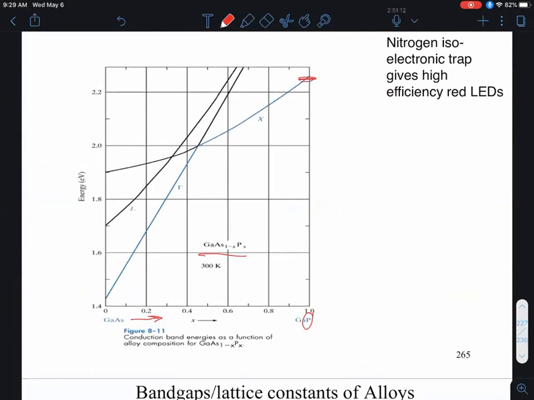If you look at the band gap of this gallium arsenide phosphide system, as I add more and more phosphorus content, x, to the system, this shows what happens to the band minima in the conduction band. You probably need to refresh your memory about this nomenclature. If you look at the E-k diagram, that's my valence band at k equal to 0.